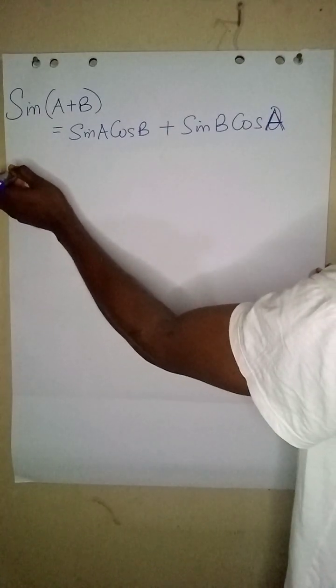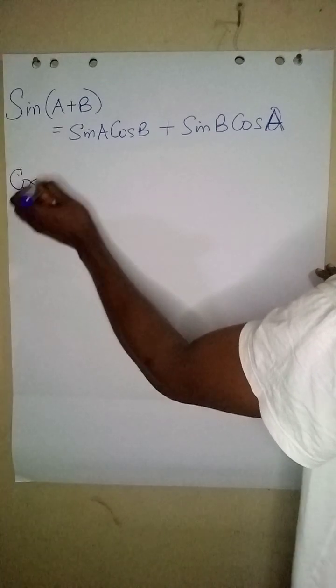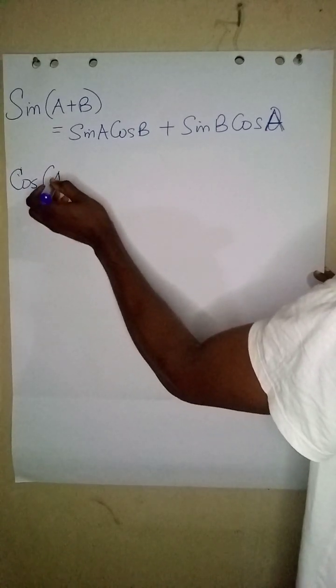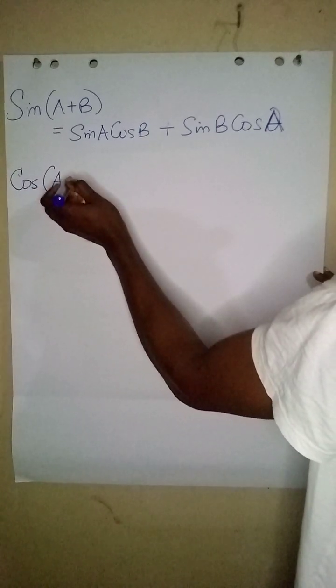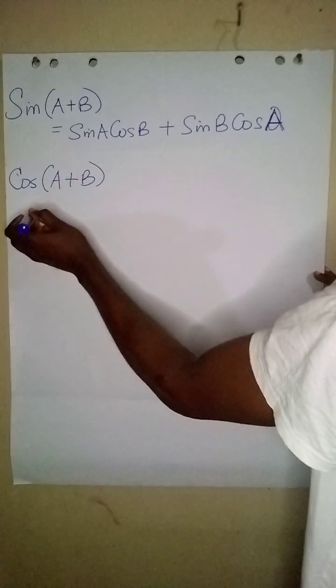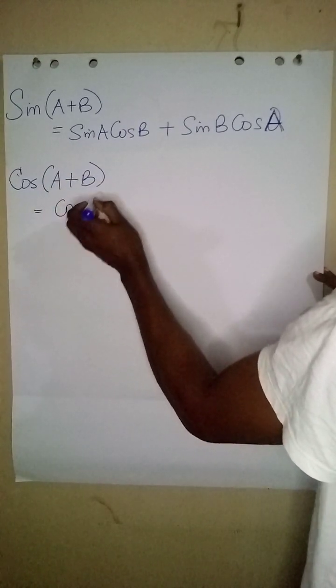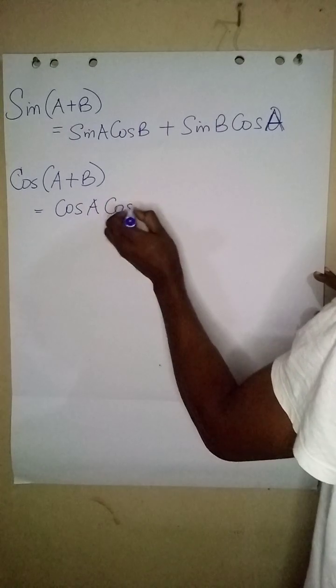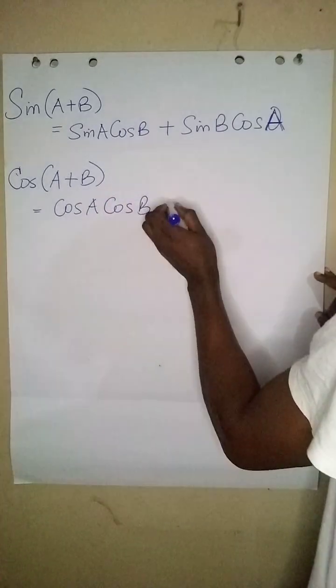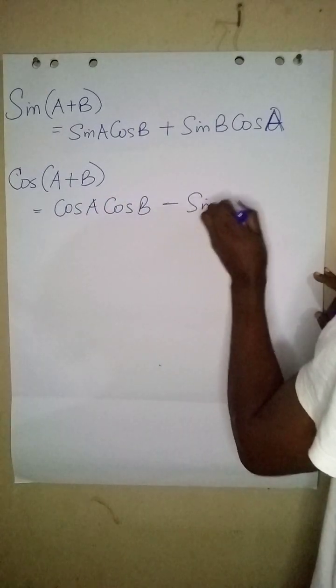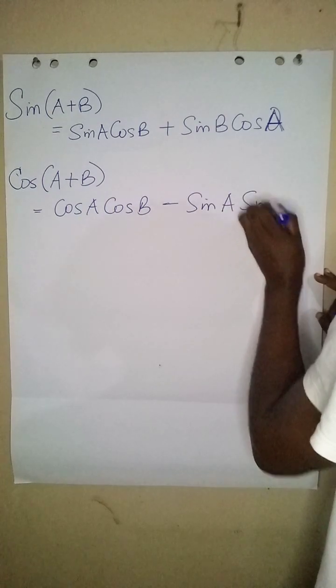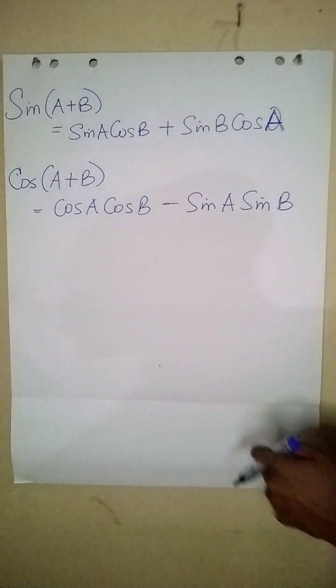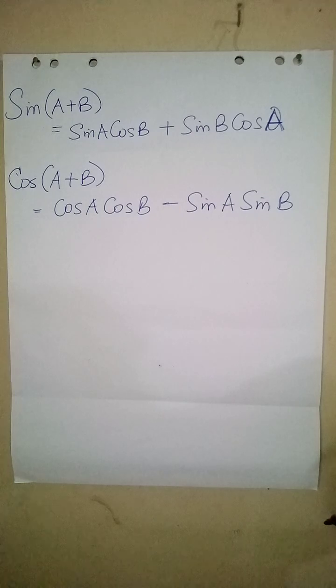Another one you should know is cos A plus B. That gives you cos A cos B minus sine A sine B. So that's very, very interesting.